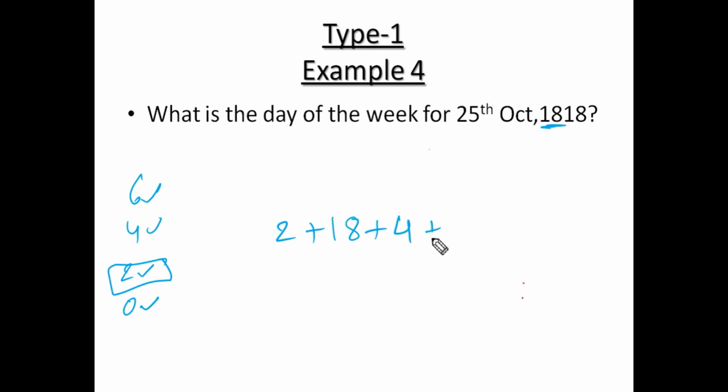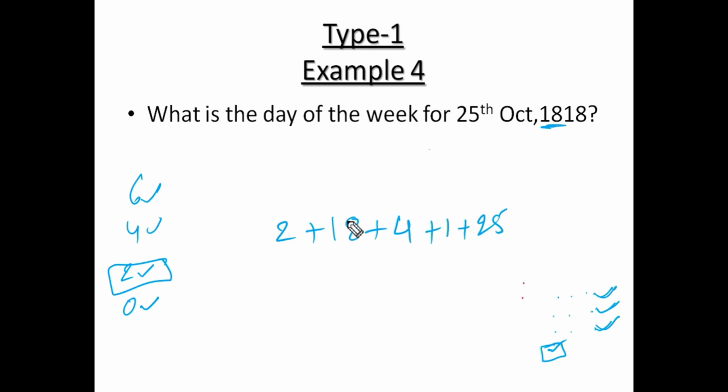With this, the year part is completed. Month code for October: Jan, Feb, March, April, May, June, July, August, September, this is October. The first term is 1. This is 1. Next, how many days? 25 days. This is directly 25.